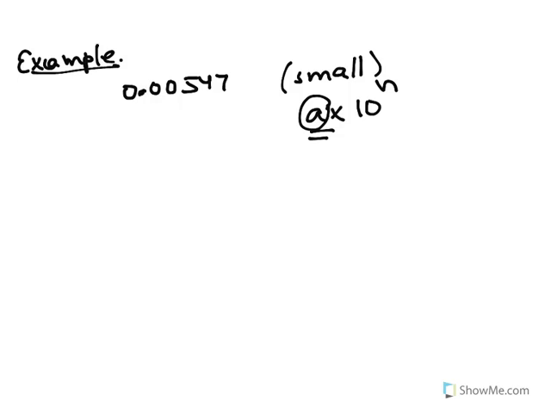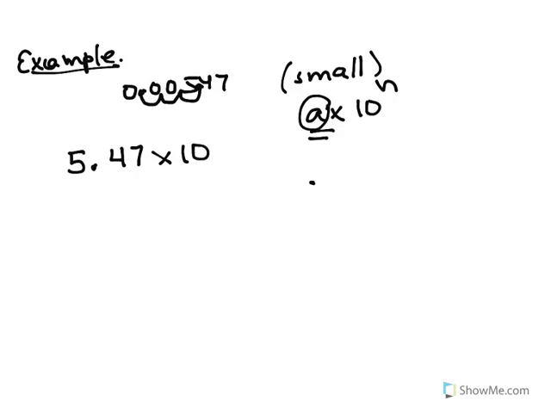I'm going to try to get to a number between 1 and 10. Okay, so here it goes, 1, 2, right? And 3. Now I have my decimal point right here. I have a number between 1 and 10. So that this is 5.47 times 10 to the.